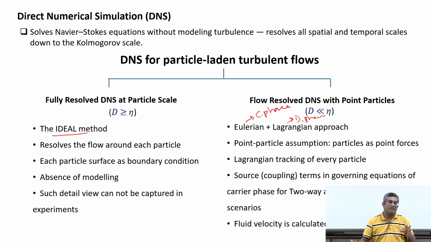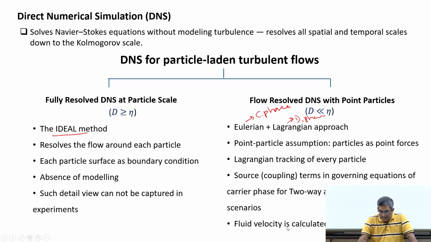But as I said, if you have that situation, then every time you have to update the local flow field around a particle, because the flow field can get disturbed because of the presence of other particles. Okay. And this is again one of the reasons why the computational cost goes up, even when you have the point particle assumption.